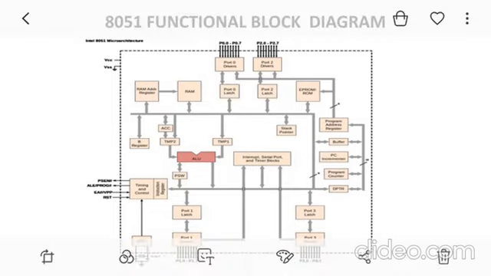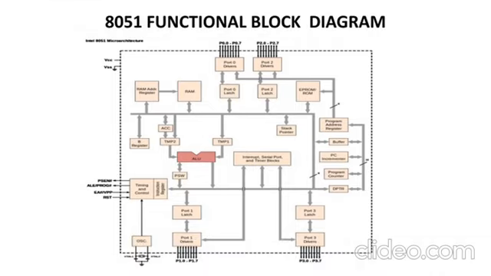After this, we will see in detail what each thing does. The accumulator and B register are 8-bit, and the PSW is 8-bit. The stack pointer register is also 8-bit. The stack pointer register is nothing but some locations in the internal RAM.